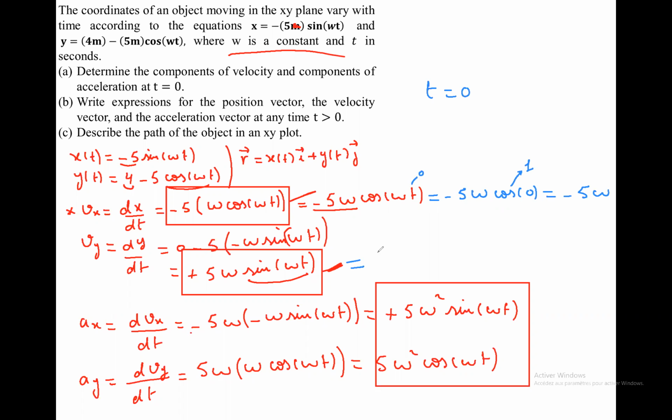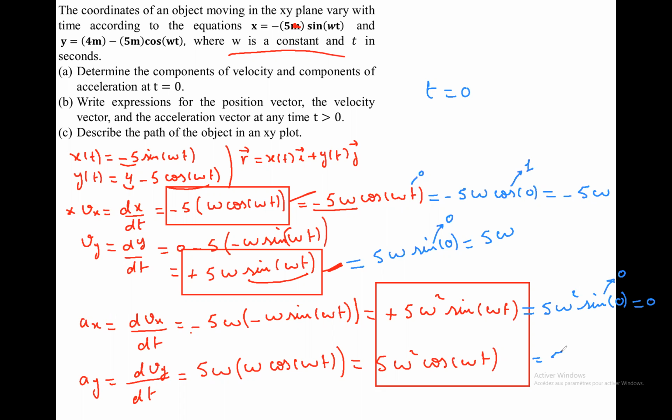Vy equal 5 omega sine 0, sine 0 equal to 0. Ax equal 5 omega square sine 0 equal to 0.